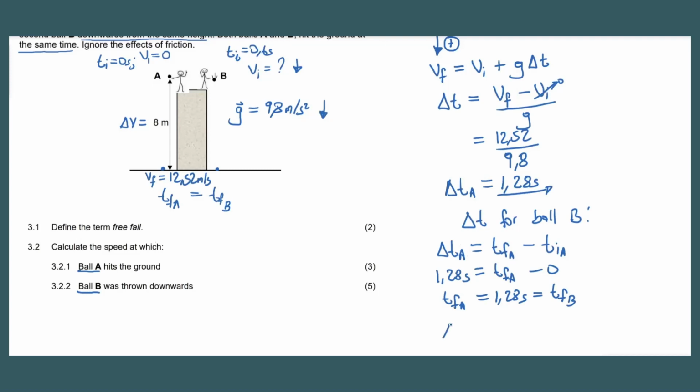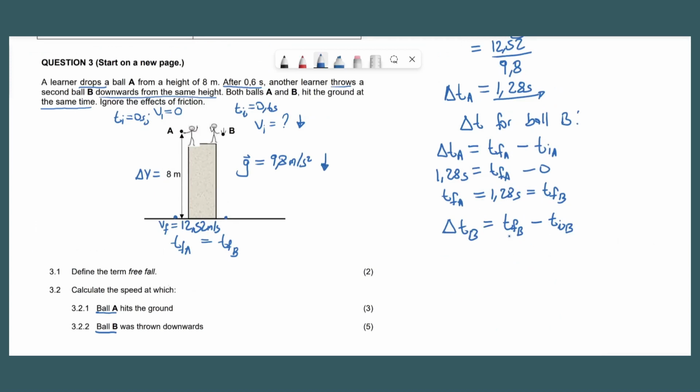So that is going to be equal to delta t of B. And we know that this is going to be given by the final time of ball B minus the initial time for ball B.